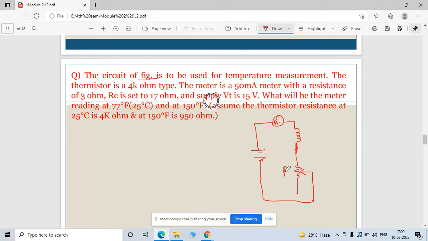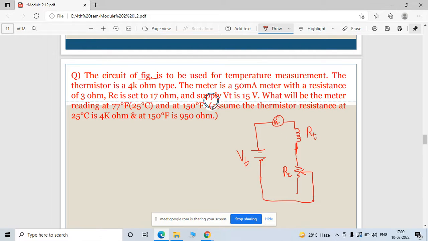Depending on that, you will get some value in your emitter. Okay, this is the terminal voltage, and this is your RT. So this is the arrangement for this question.